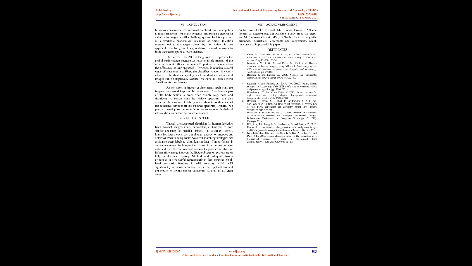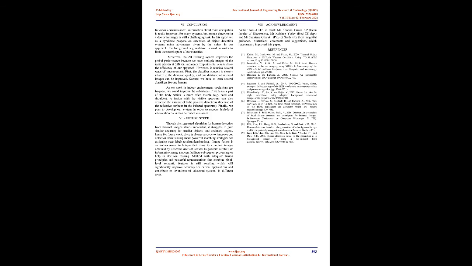Future scope. Though the suggested algorithm for human detection from thermal images stands successful, it struggles to give similar accuracy for smaller objects and occluded targets. Hence for future work, there is always scope to improve our detection results using more powerful matching strategies for assigning weak labels to classification data.